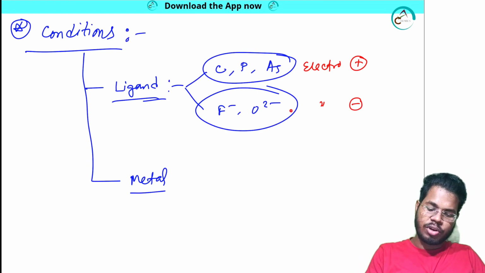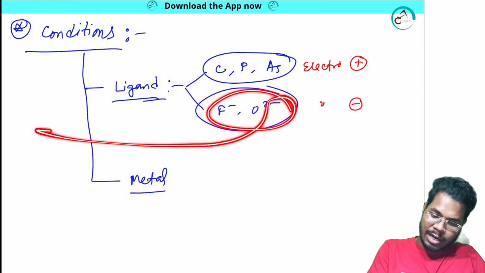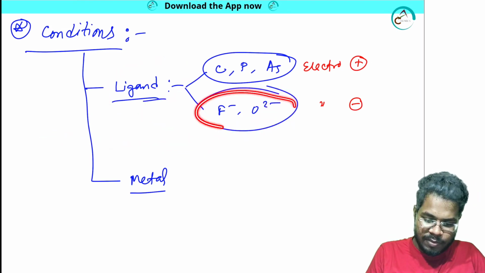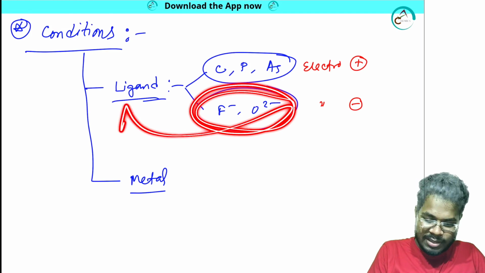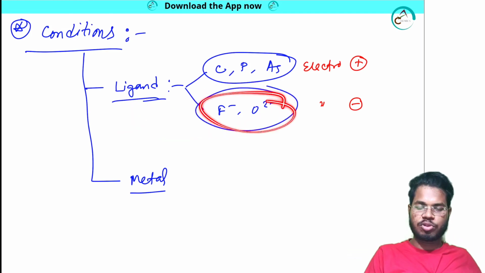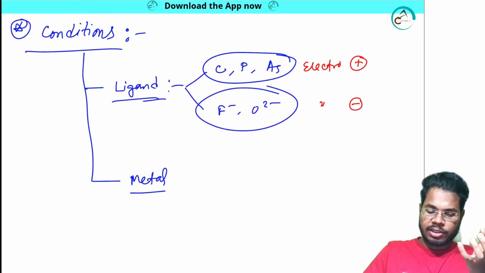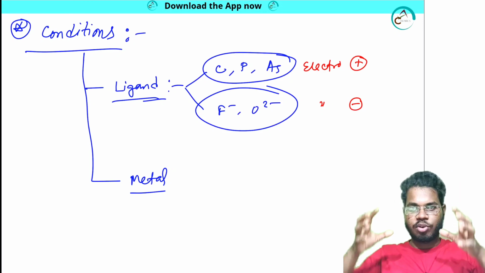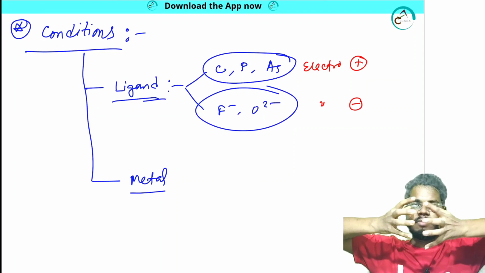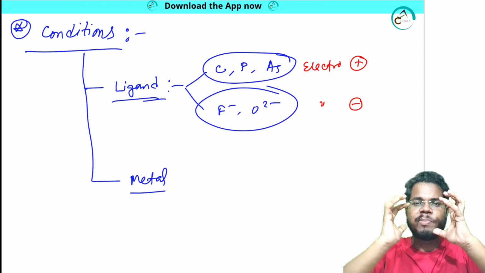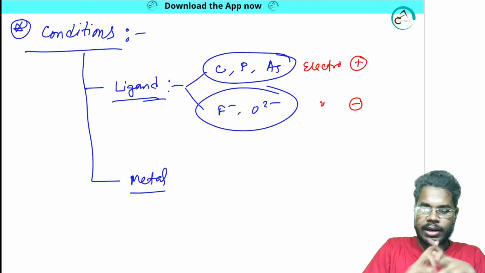When this kind of electronegative atom is present in the ligand, it has its own electronegativity, so it will attract its electron very close to its nucleus. So the system will be much more compact.